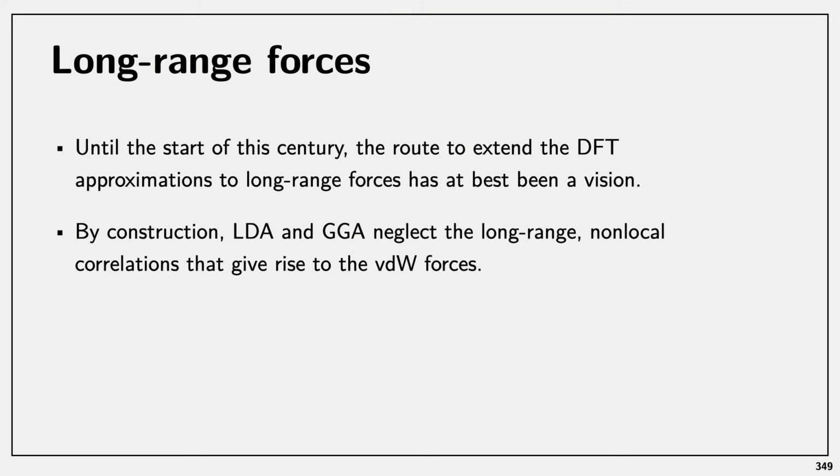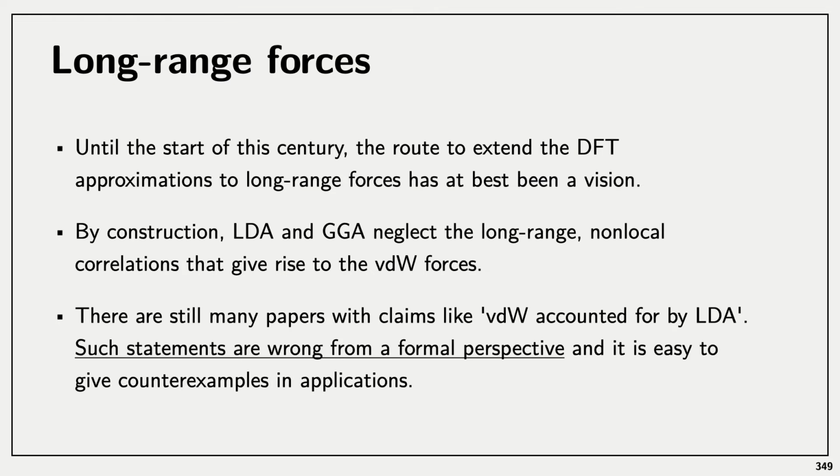Yet we know, and I said it a number of times in this course, that LDA and GGA do not include van der Waals interactions at all. Some people have also been a little bit misled. If you take two layers of graphene and bring them together using LDA, you will find a minimum of energy at 3.4 angstrom.